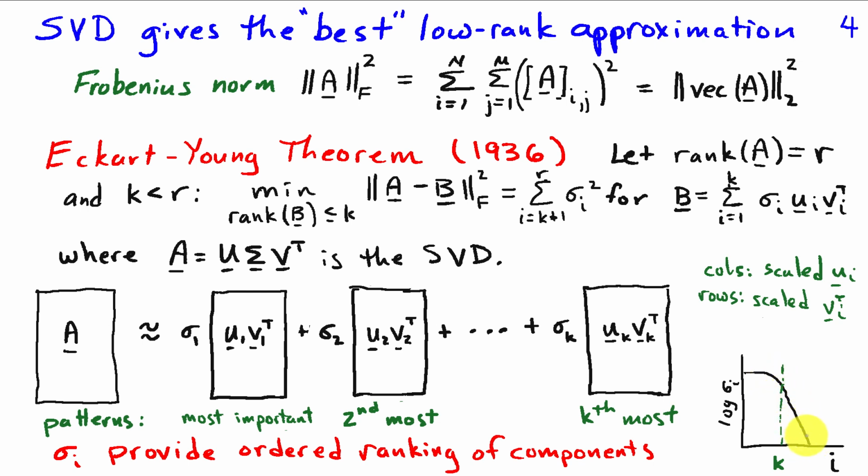In other words, the singular values are getting very small. And so if I ask, what's a good low rank approximation, or how many patterns do I need, patterns that are associated with singular values that are really small don't make a significant contribution to the approximation of the matrix. So if these sigma i's from k plus 1 to r are close to 0, then my matrix B is very close to A.